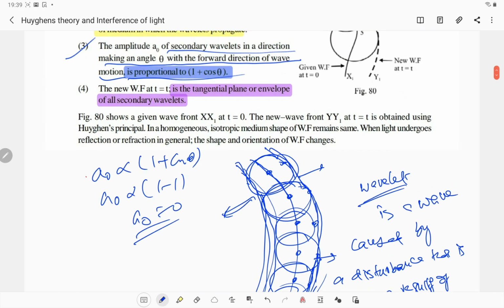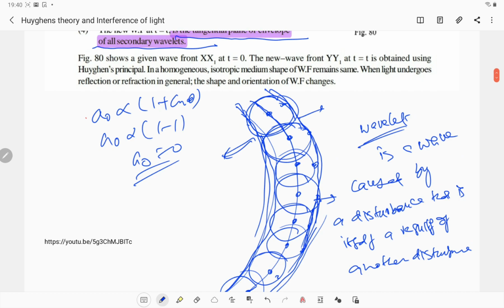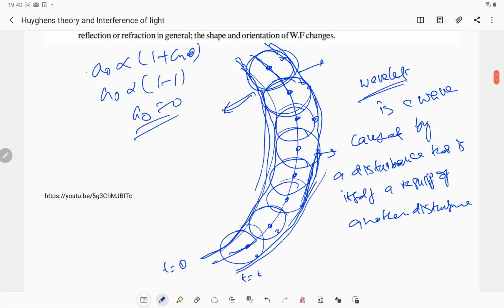This is the third point. And the fourth point: the new wavefront at time t is a tangential plane or envelope of all secondary wavelets. This is the secondary wavelets. The envelope or tangential plane of these is nothing but the secondary wavefront. Now this secondary wavefront acts as a source of another secondary wavelet.